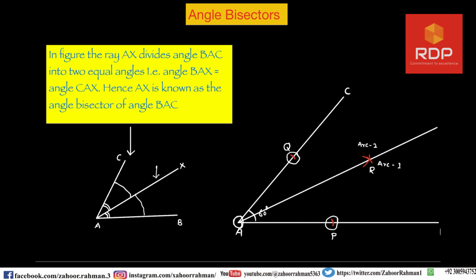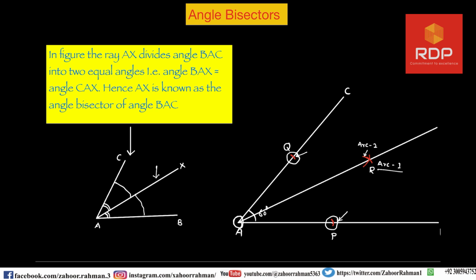Then put the tip of that compass, which is not moving, which is fixed, at this point, and then draw this arc number 1, this one, and then put the tip of that fixed side of the compass at this point, and then draw this arc number 2.